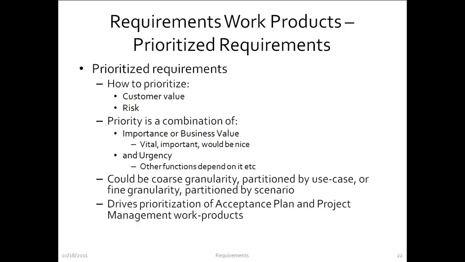Typically, the prioritization is done on two axes. One is importance or business value. In other words, adding this feature will allow you to generate this much revenue from this product, that kind of thing. And urgency. And typically the urgency factor comes from whether other pieces of functionality depend upon it.